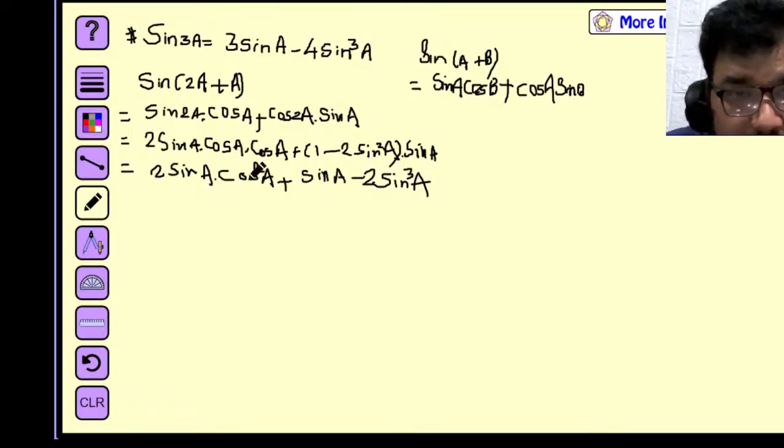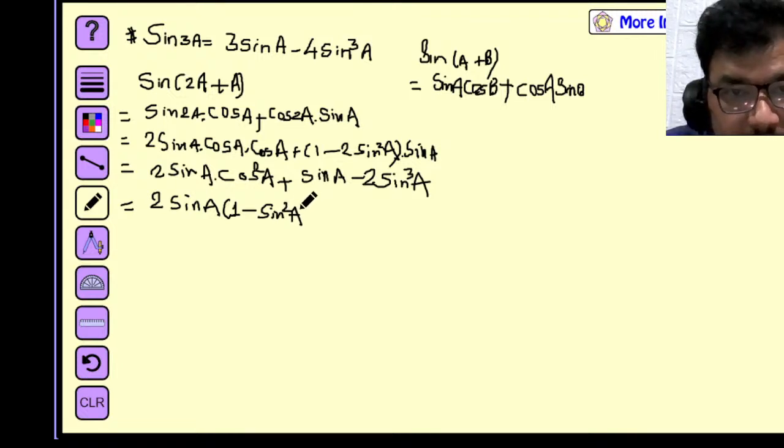Now you can open the formula of cos square a in terms of sin a. Write it 2 sin a, and we know the formula of cos square a. Cos square a means 1 minus sin square a, it's the Pythagoras relation. Then here is sin a, it will be the same, and minus 2 sin cube a, copy the same.